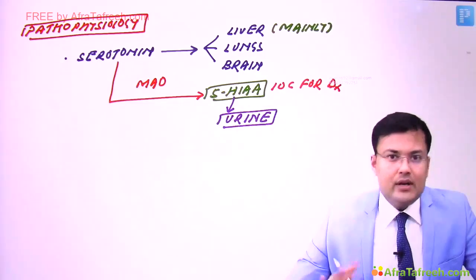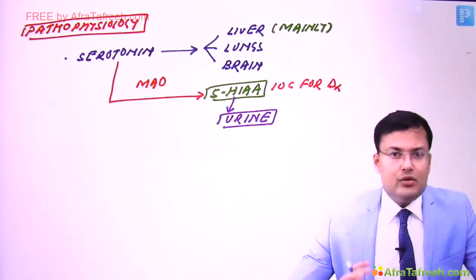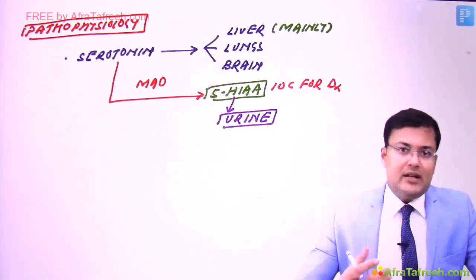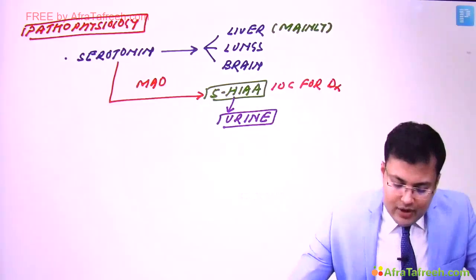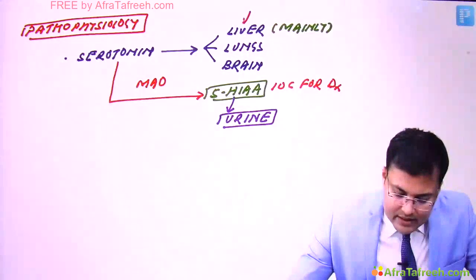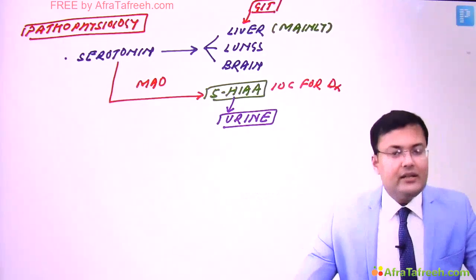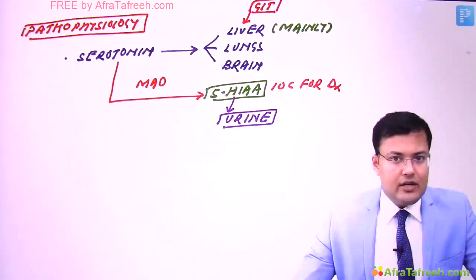One important point. Now see the second important point. You know that GIT venous drainage, directly or indirectly, mainly goes to the liver, and in the liver there is catabolism of serotonin.